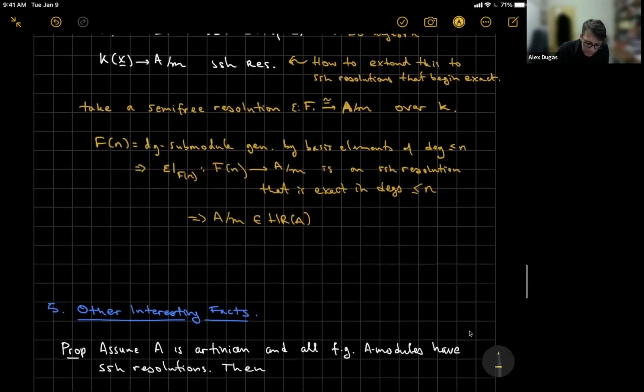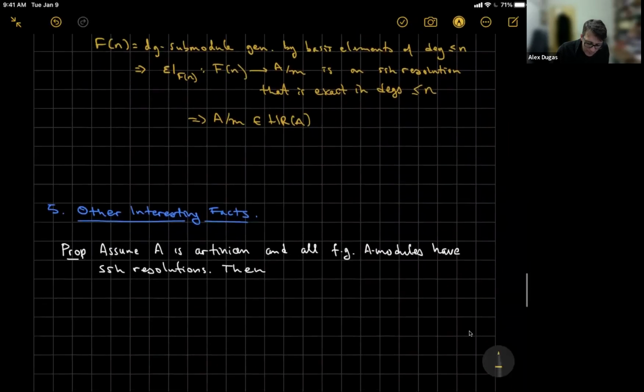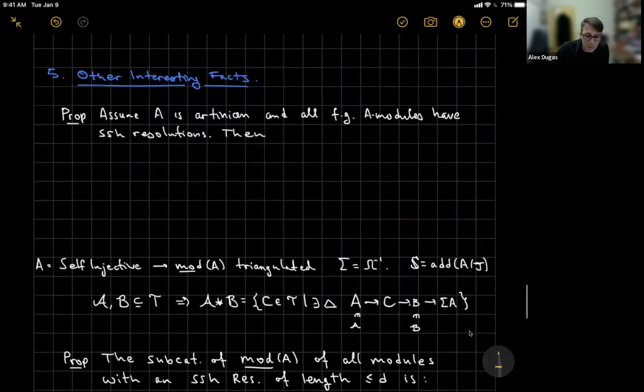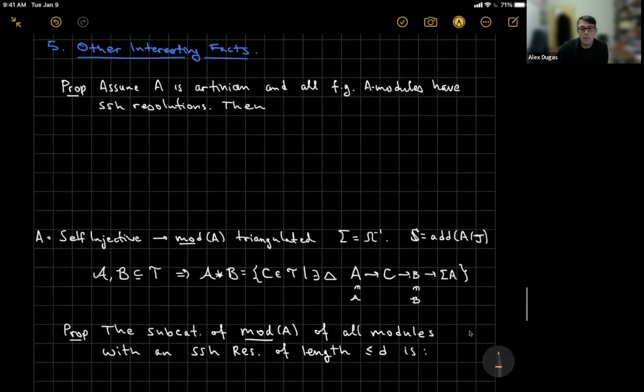The radical cube zero case just uses a very explicit construction of these SSH resolutions of the simples in terms of a quiver with relations. I'm not going to talk about that now, but there are a couple of other interesting facts which I'd like to point out.